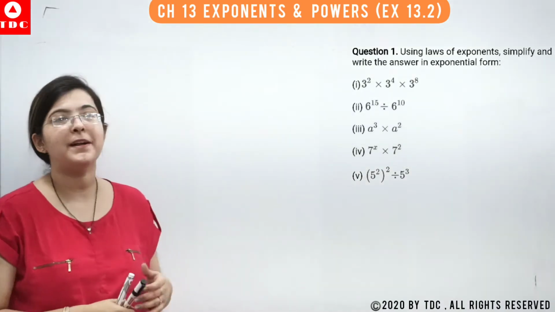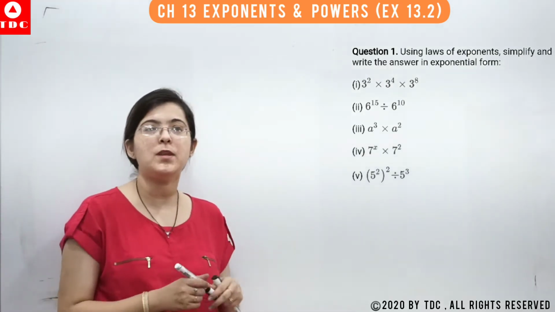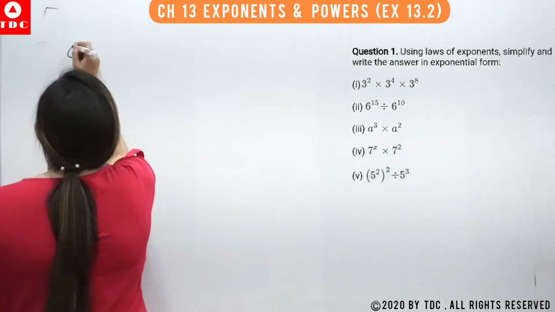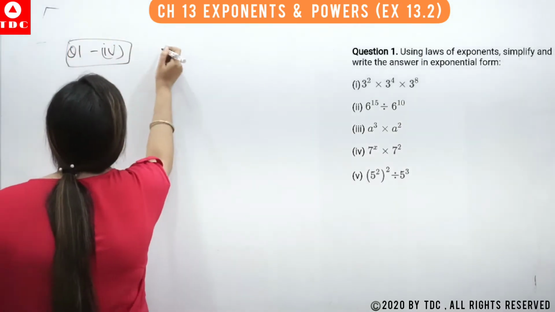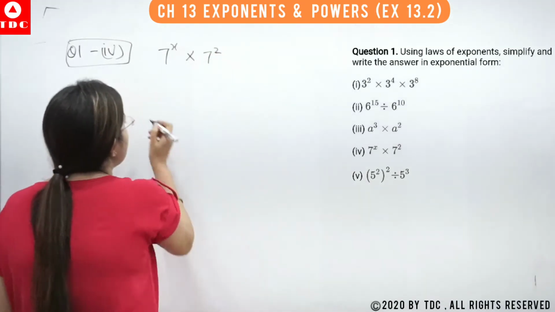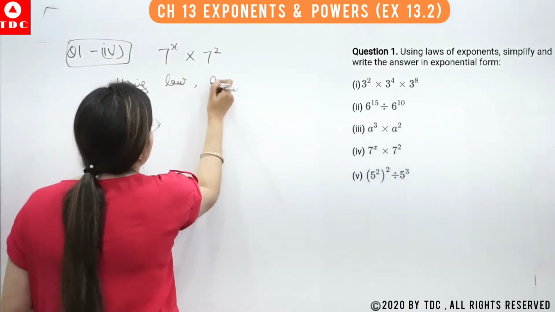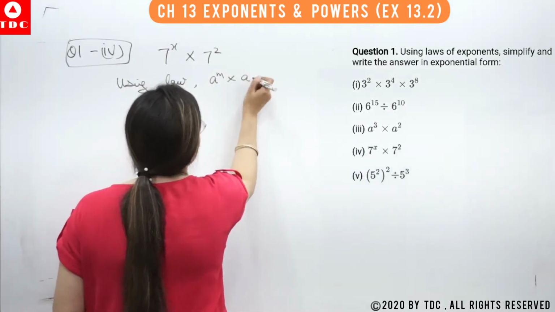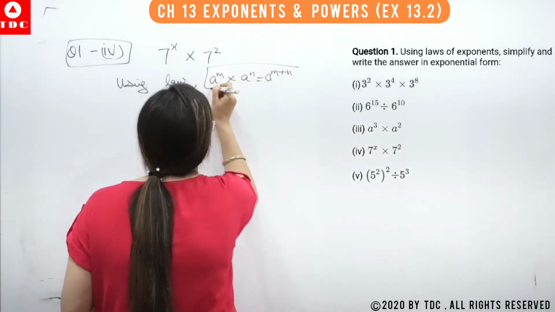See the fourth part now. What is it? 7 to the power x into 7 to the power 2. Here again what law can we use? Using law a to the power m into a to the power n will give us a to the power m plus n.